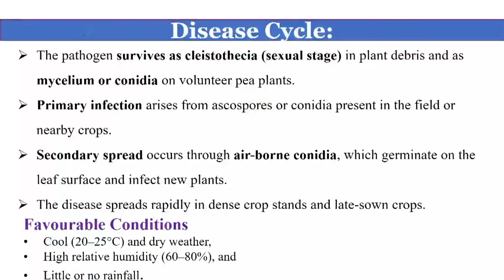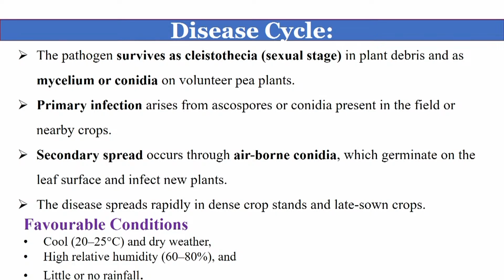Primary infection is caused by ascospores or conidia present in the field or nearby crops, and secondary spread occurs through airborne conidia which germinate on the leaf surface and infect new plants as well.